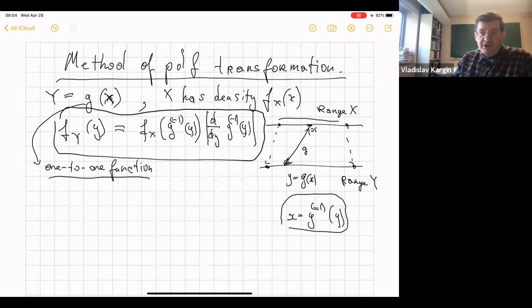So let us just recover the 2 examples that we had last time, which we did using cumulative distribution functions.